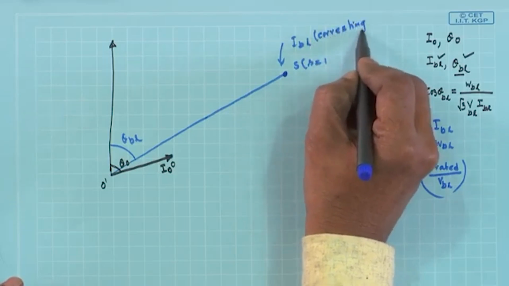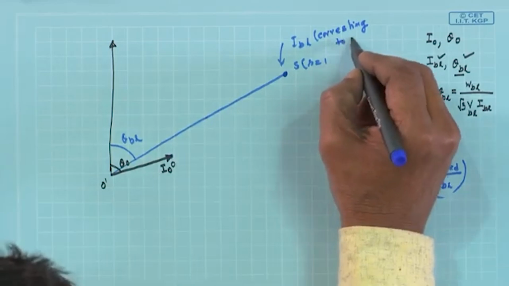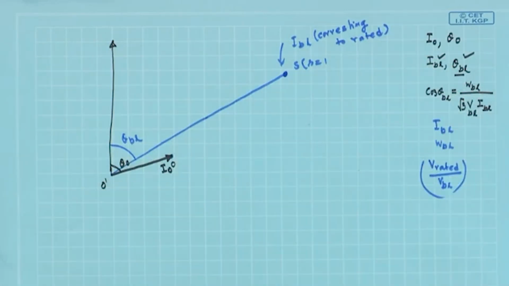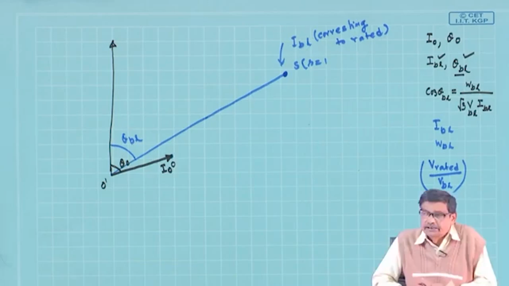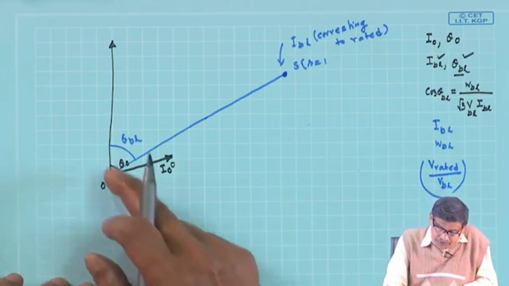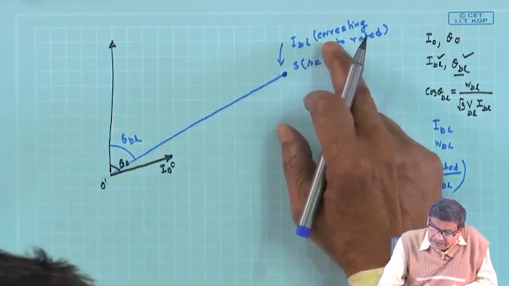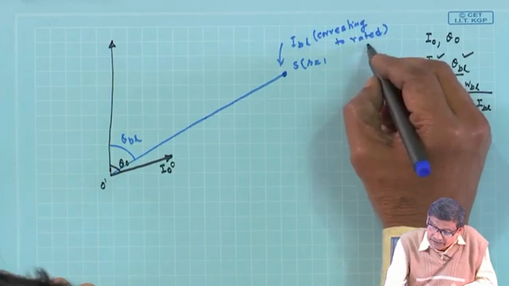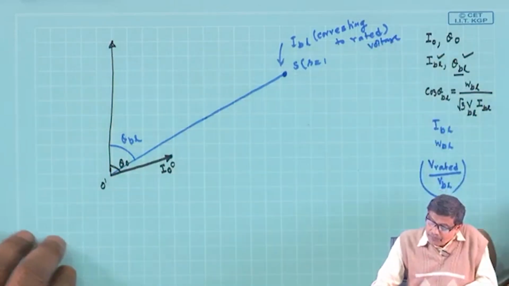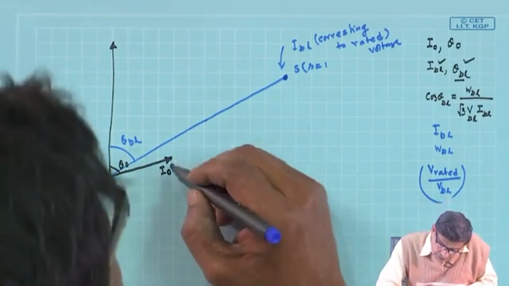That work you have to do, because I have not carried out the block rotor test under rated condition. So, that is necessary. So, theta BL and this corresponding to rated voltage, modify and fix up this point. And once you do this, then rest of the thing is simple.